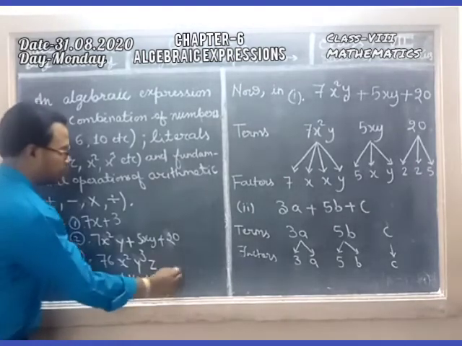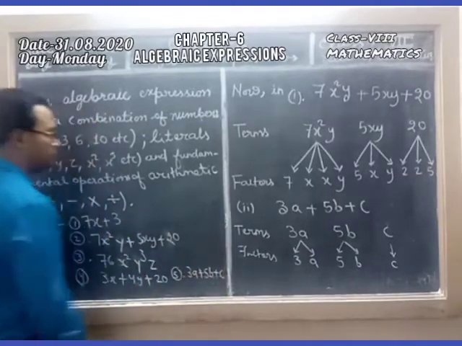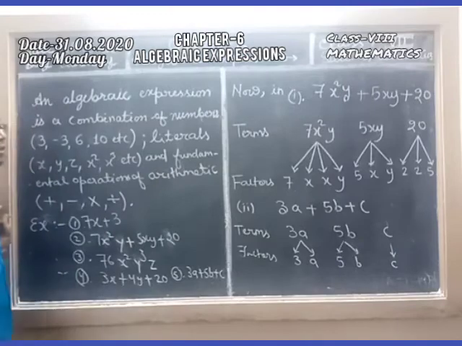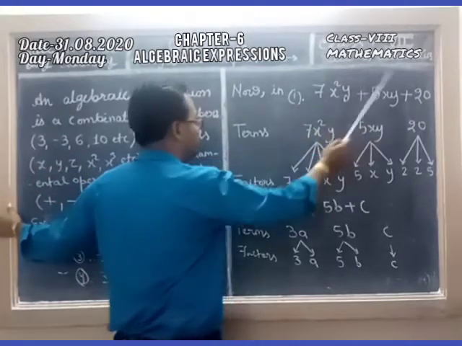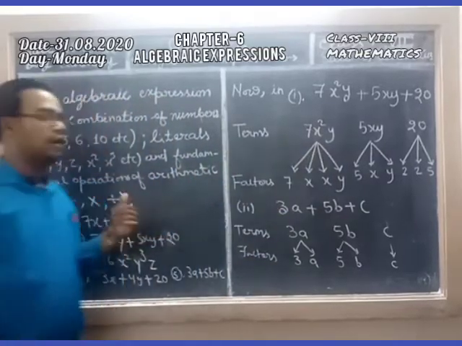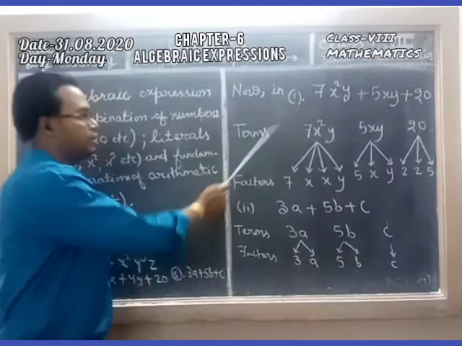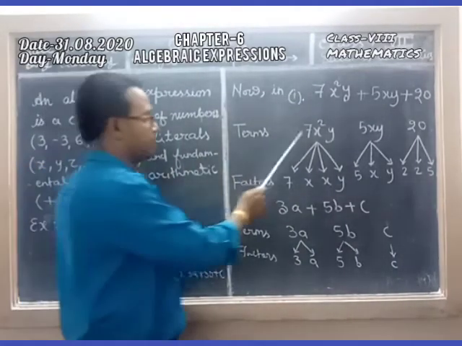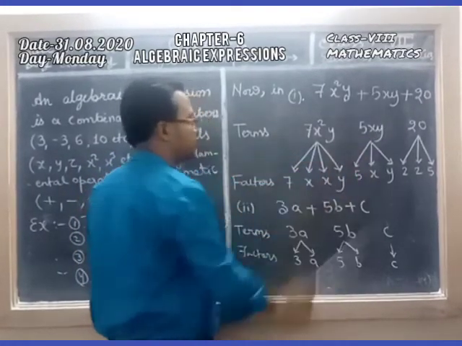I take the first example 3a plus 5b plus c. So by the example 7x square y plus 5xy plus 20, we observe the terms. There are three terms: first term, second term, third term, and these terms are combined by the fundamental operation, that is plus sign. So there are three terms, so it is a trinomial. 7x square y is the first term, 5xy the second term, plus 20 the third term.